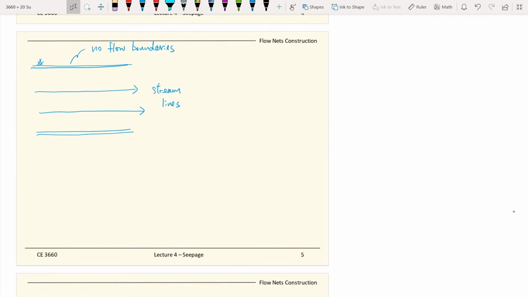And the streamlines are parallel with the no-flow boundaries. Meanwhile, they will be perpendicular to what we call the equipotential lines.